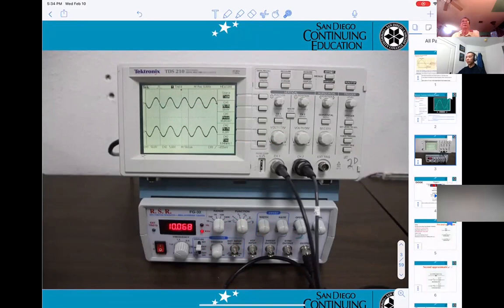The oscilloscope is just a measuring device. It cannot change anything. That's the key point.